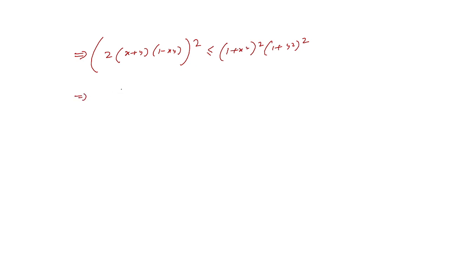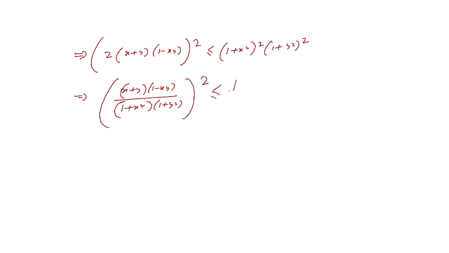So that means (x plus y) into (1 minus xy) by (1 plus x square) multiplied by (1 plus y square), that whole square, is less than or equal to 1 by 4. Another thing is, say alpha square, we just recall this result.